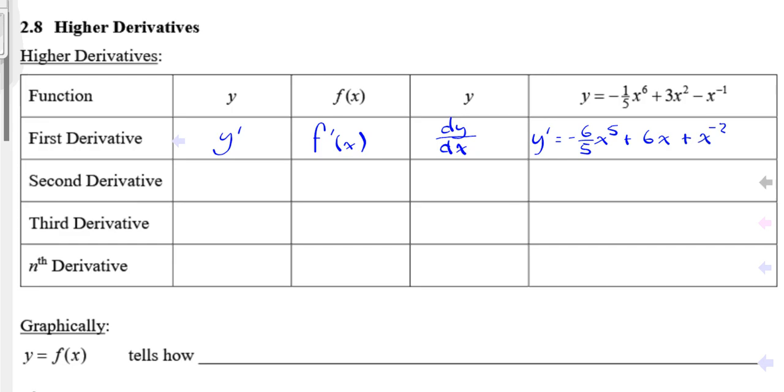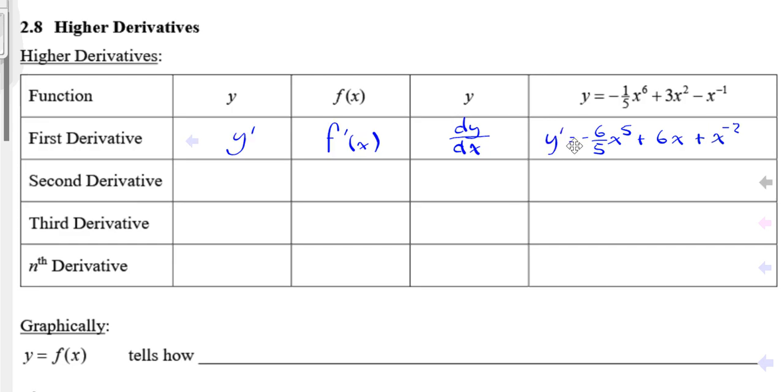And here's an example if I do the derivative. Second derivative, we use 2 primes. But then we have some weird notation here. I'll give you a minute to copy this down and then I'll talk about that.